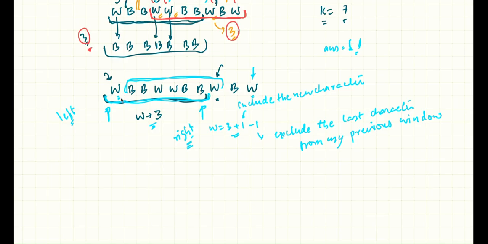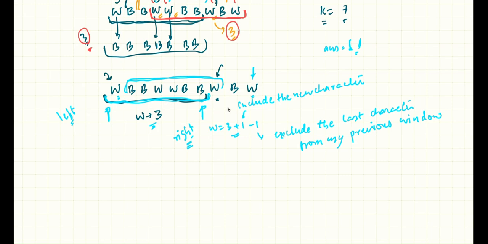Initially my left and right would be here. I will include a character into my window every time, till I reach the desired window of size k. So if left is here, right is here, I have to make sure right reaches till here.